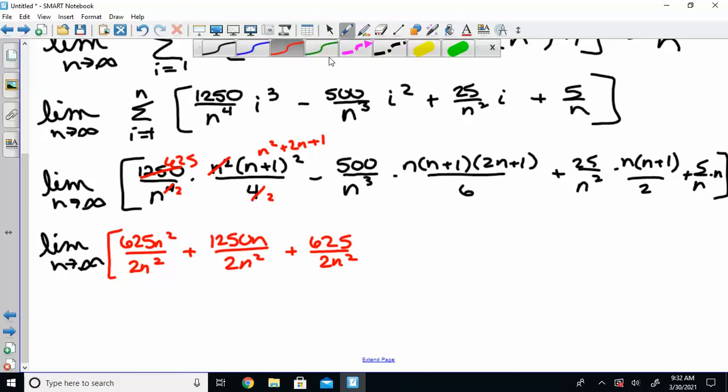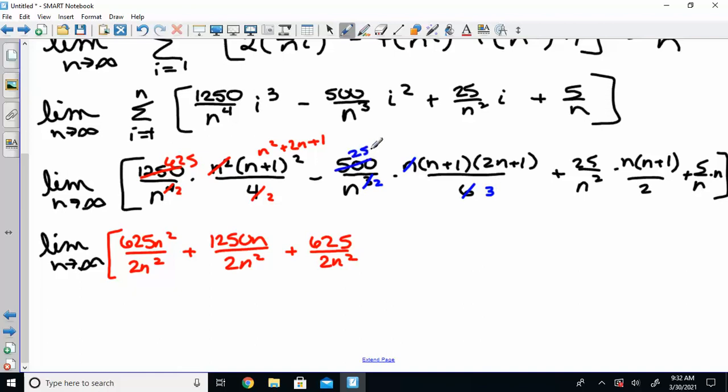Okay, the next term, I cancel one of those n's. 500 over 6, I can make that 250 over 3. If I FOIL those, okay, so what I'm going to do is distribute a negative 250 over n squared and break those up.